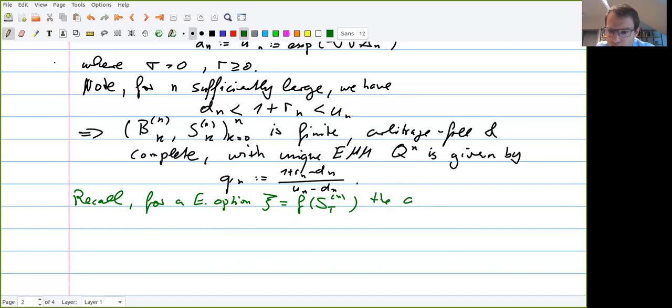The arbitrage free price is pi of psi. Okay, we have our discounting factor beta t, and this beta t depends on n.